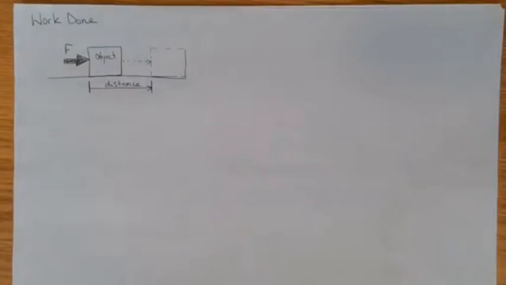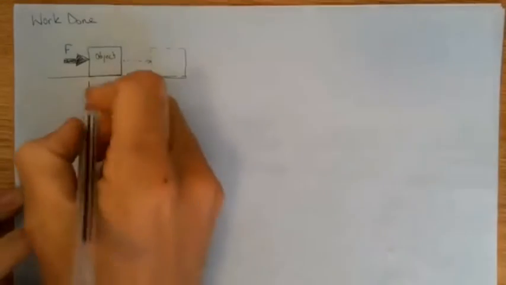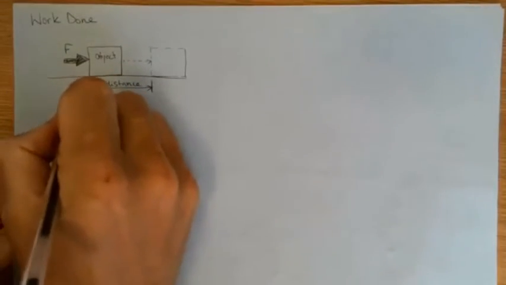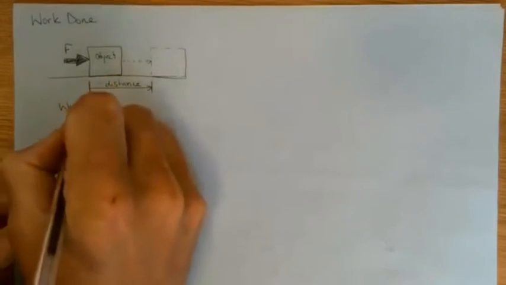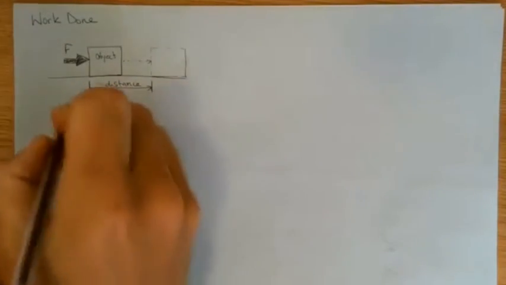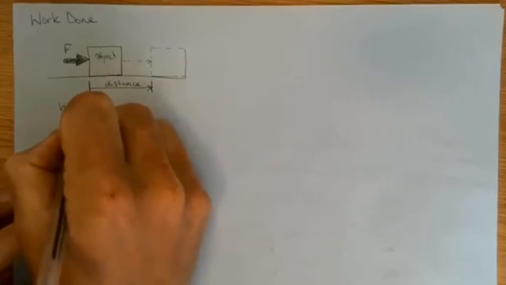And imagine doing this yourself. You can feel in your hands how it would force against the object, how you'd push it, and then you'd end up using energy to do that over the given distance. And the work done, this is just a term, it's the idea of energy basically.